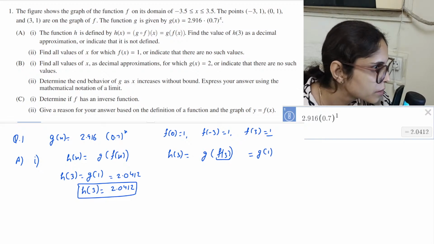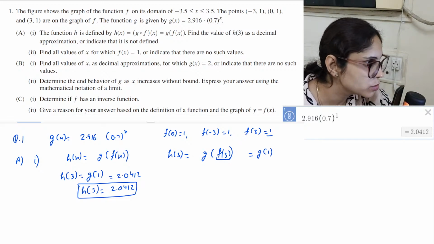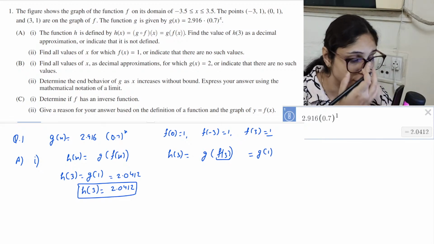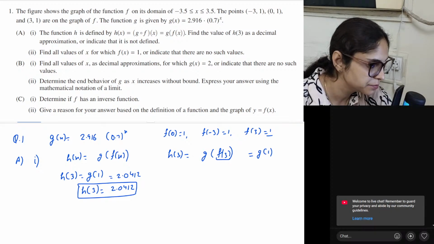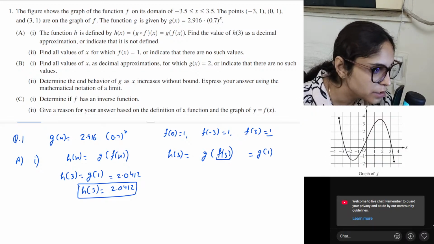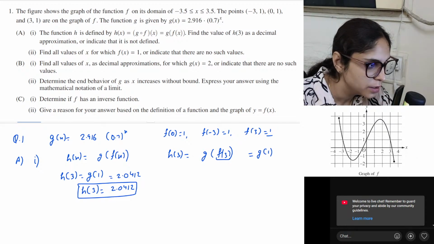In the second part, find all values of x for which f(x) is equal to 1, or indicate there are no such values. For this part, we'll look at the diagram. When you make a horizontal line from y = 1, it is passing through -3, 0 and 3.